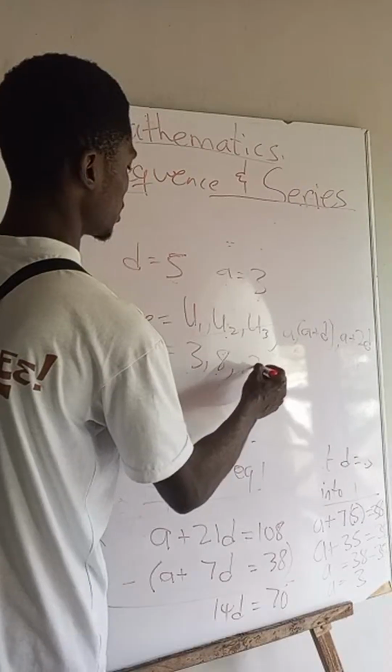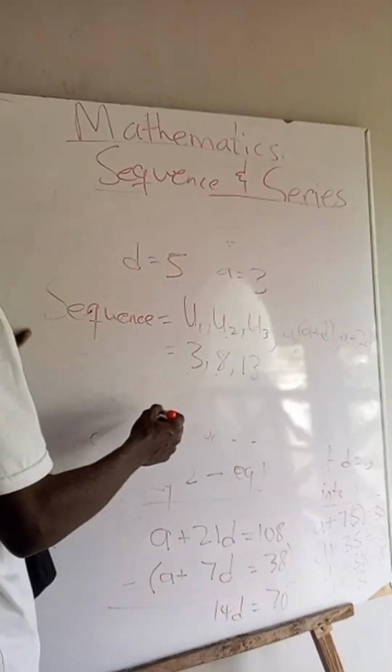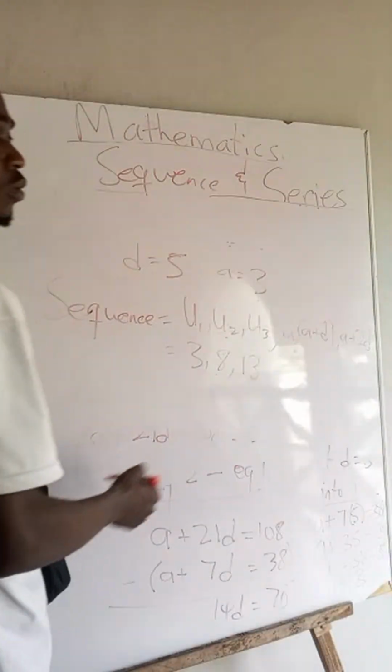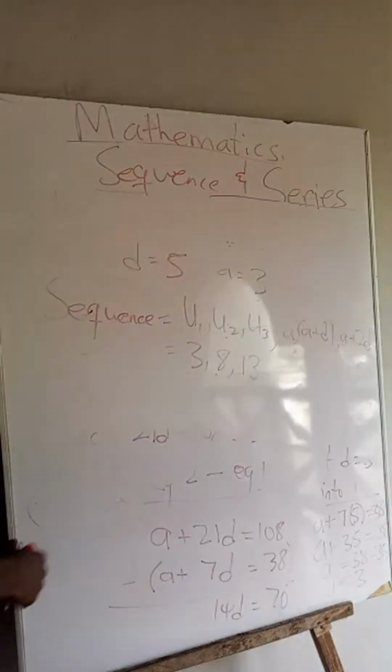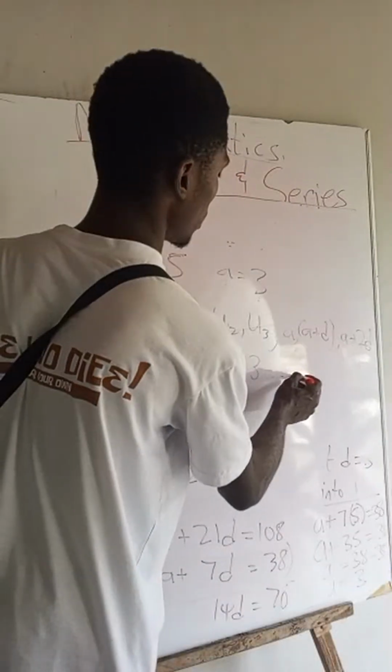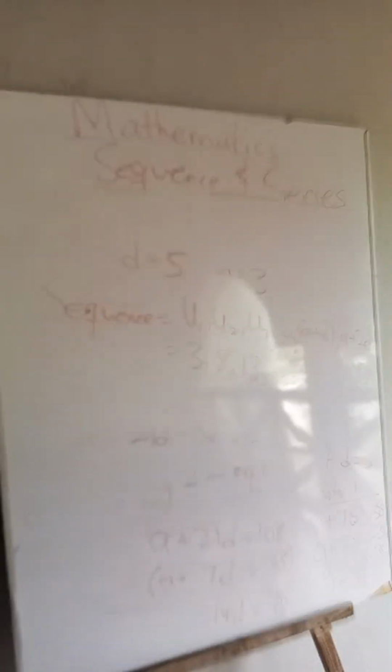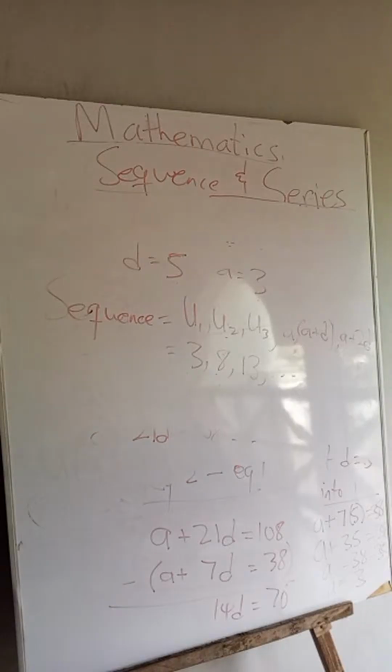So we'll be having 13. So this is how the sequence will go. You can add an ellipsis to it so that you know that it continues. So this is how you can get your answer at ease. So this is the sequence.